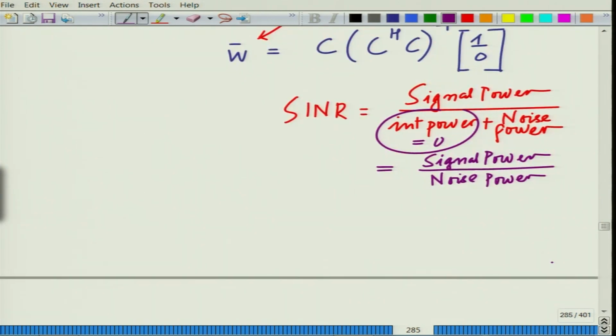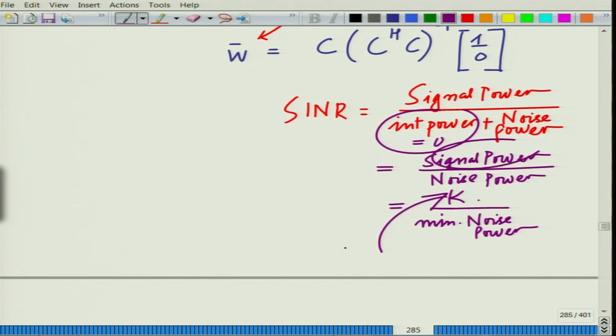Now, the signal gain is equal to unity, which means this is a constant. What we are doing is we are making the signal power constant, and we are minimizing the noise power.